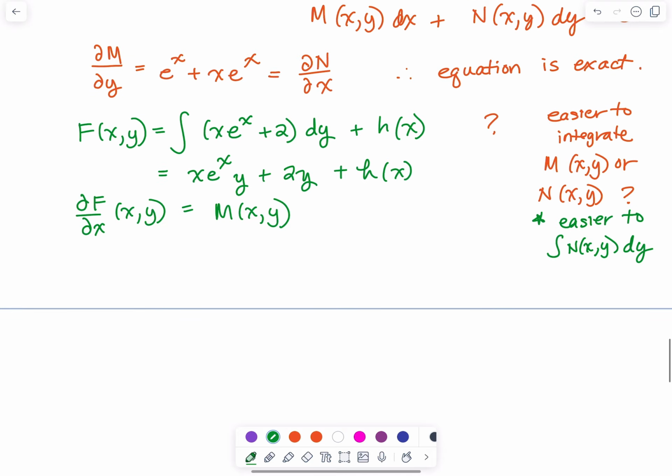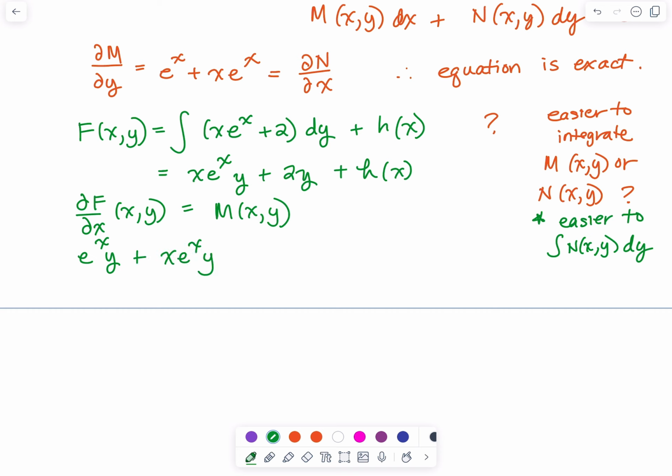That partial derivative of f is going to be e to the xy plus x e to the xy, of course that's our chain rule, plus h prime of x.